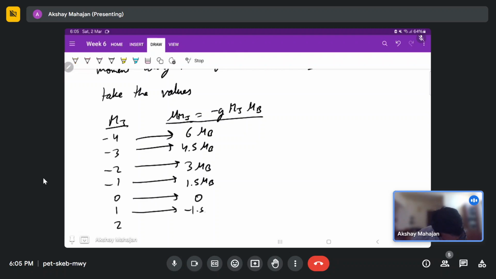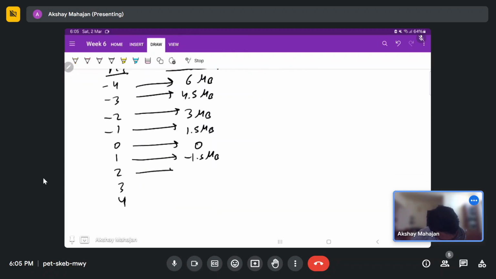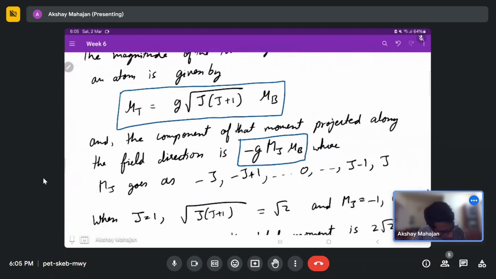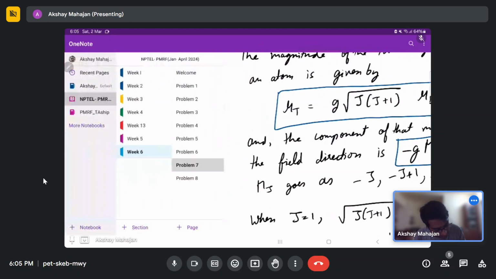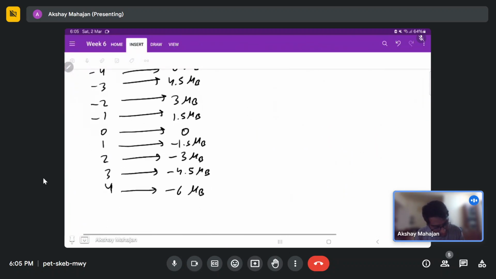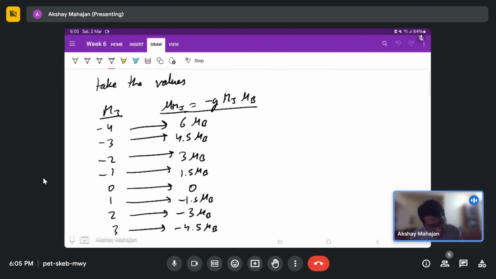Then we have minus 1.5 mu_B, minus 3 mu_B, minus 4.5 mu_B, and minus 6 mu_B. Remember that in the formula there is a negative sign, right? It is minus g times mJ into mu_B. So for the magnetic moment along the field direction, whatever the sign of mJ is, the magnetic moment direction will be opposite of that.